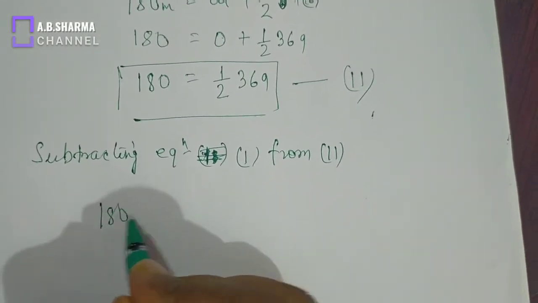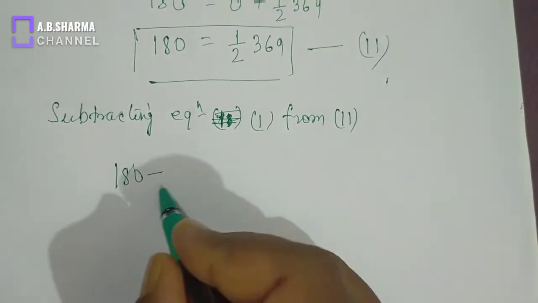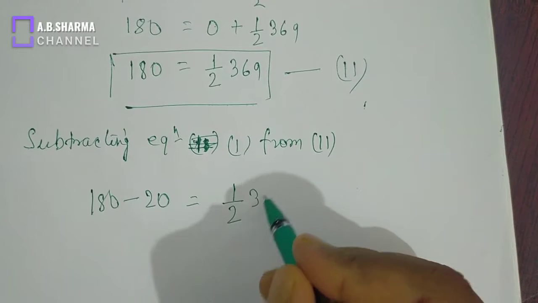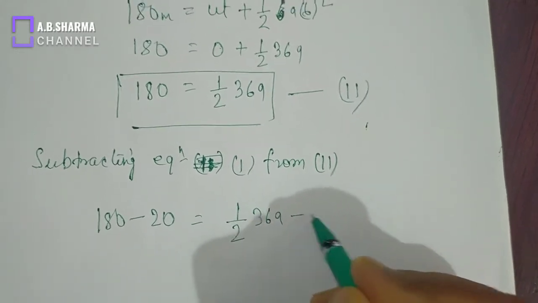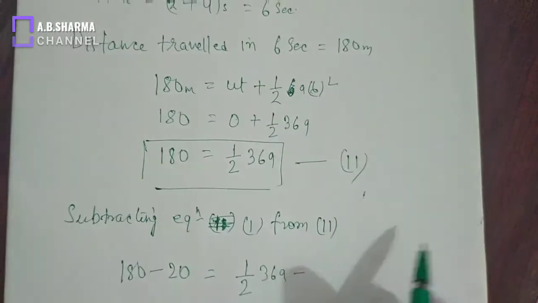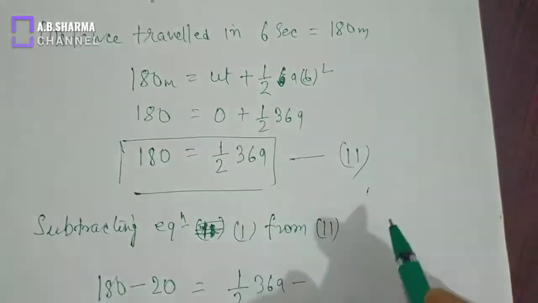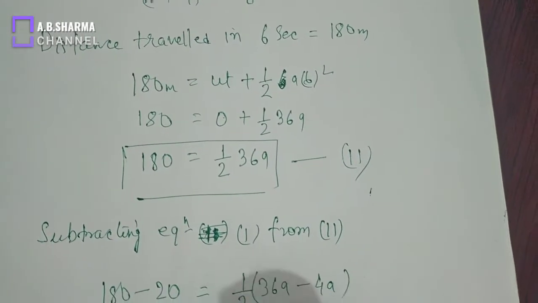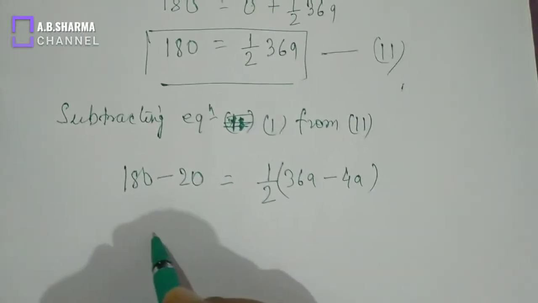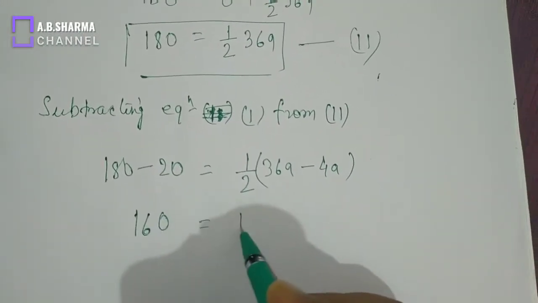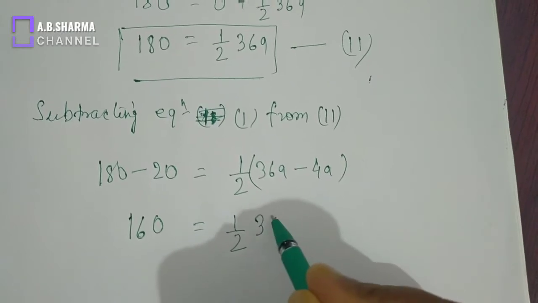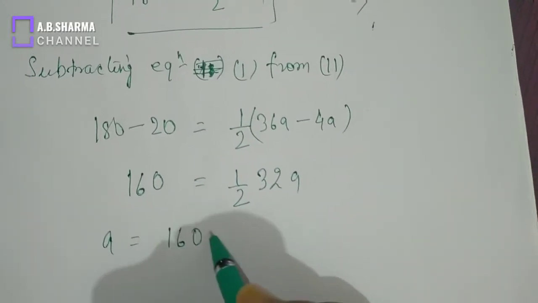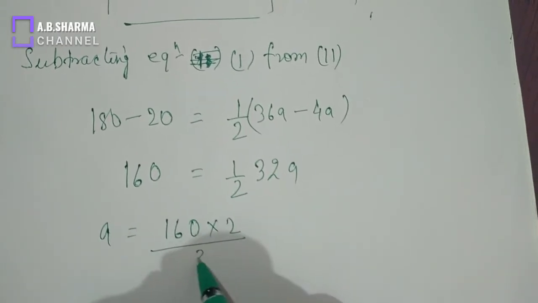It will become 180 minus 20 on the left hand side, and on the right hand side 1 by 2 into 36a minus 4a, 36a minus 4a, and it gives 160 equals 1 by 2 into 32a, or a equals 160 into 2 by 32.